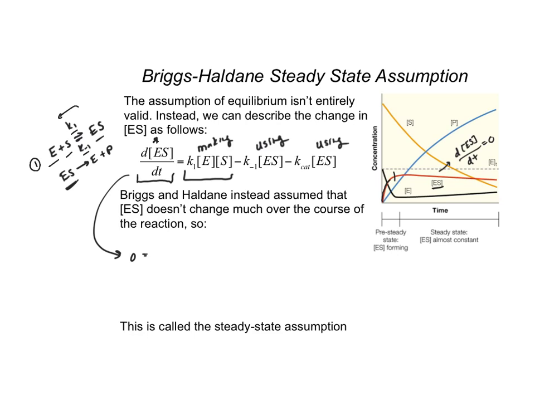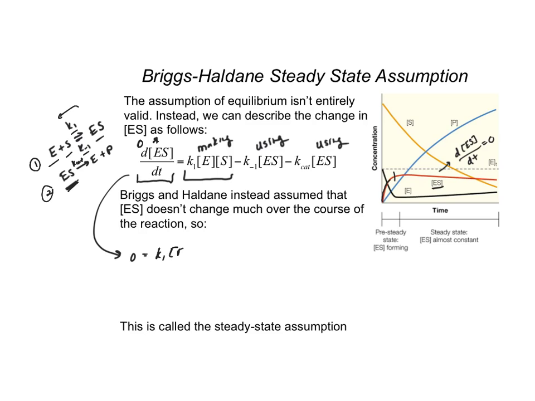And we're also using it in the second reaction going forward. Okay, so that is governed by K cat, and then concentration of enzyme substrate complex. Okay, so I'm going to go ahead and plug in 0, because that is our steady state assumption for this guy.